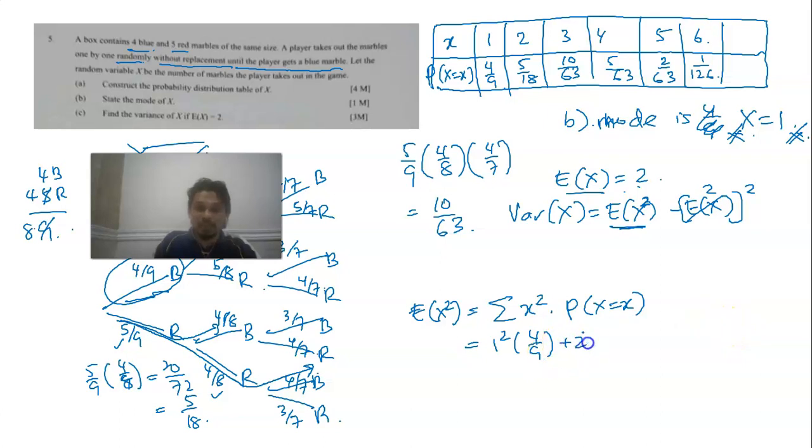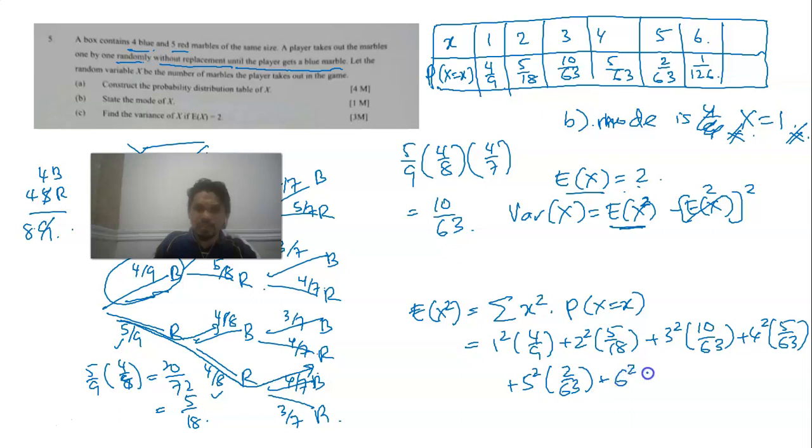Plus 2 squared times 5 over 18, plus 3 squared times 10 over 63, plus 4 squared times 5 over 63, plus 5 squared times 2 over 63, plus 6 squared times 1 over 126.